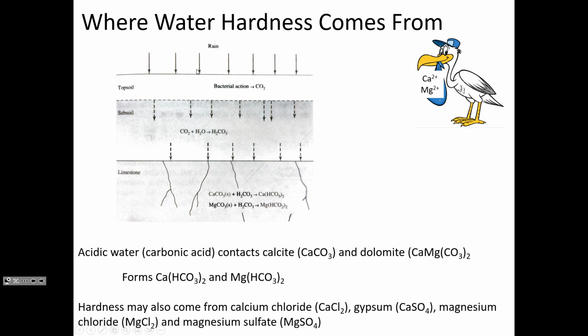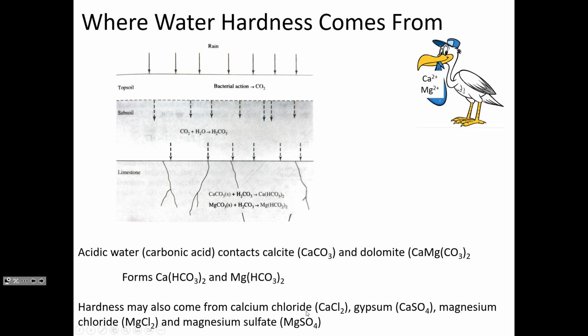Now, on its own, at a neutral pH of 7, calcite and dolomite don't dissolve much. They're not very soluble. But at a depressed pH that can be formed from even just a little bit of carbonic acid, there is a shift in the distribution of calcium and magnesium species, and it forms species that are soluble in water. And so calcium bicarbonate and magnesium bicarbonate do dissolve in water.